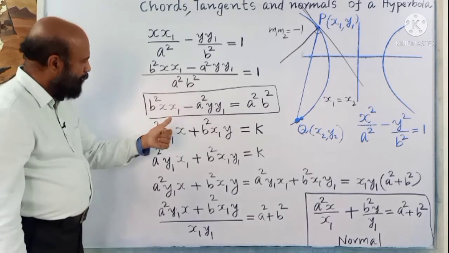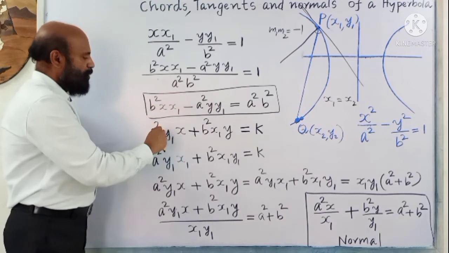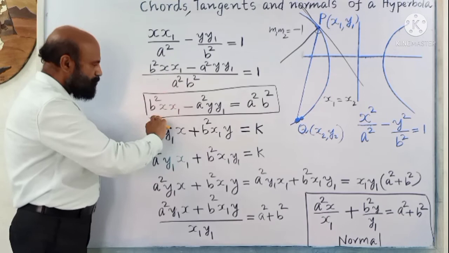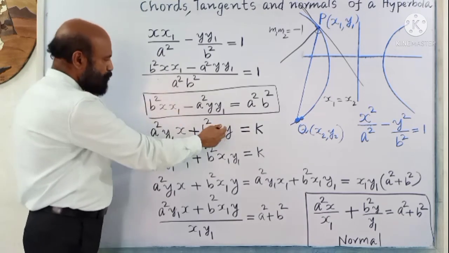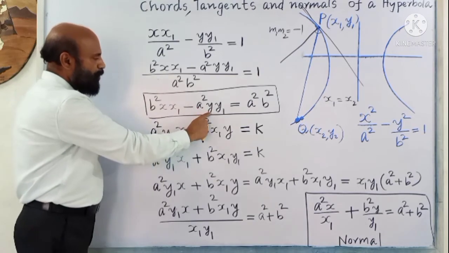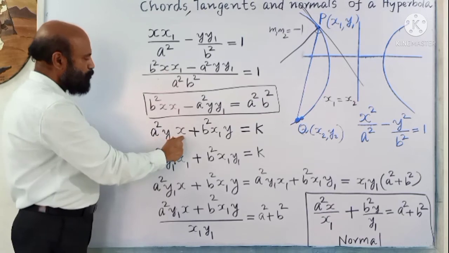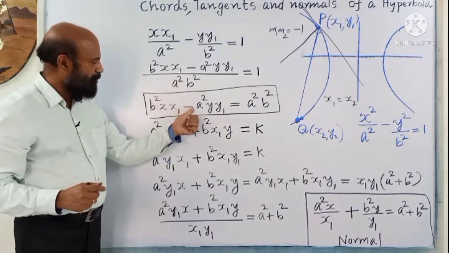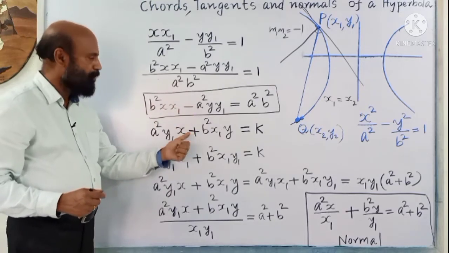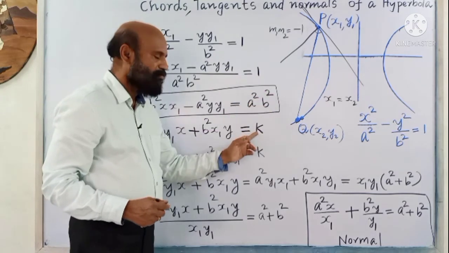Here the coefficient of x is b square x1, that is given to y, b square x1. The coefficient of y is a square y1, that is given to x. Then change the sign for any one of these, so this minus will become plus. Then the constant will be different, instead of a square b square, k.